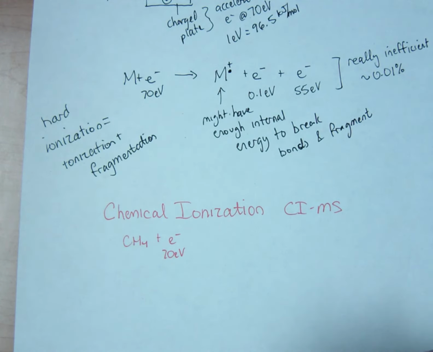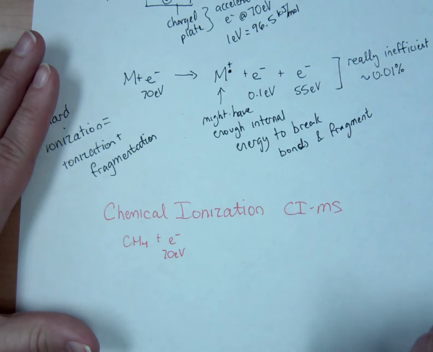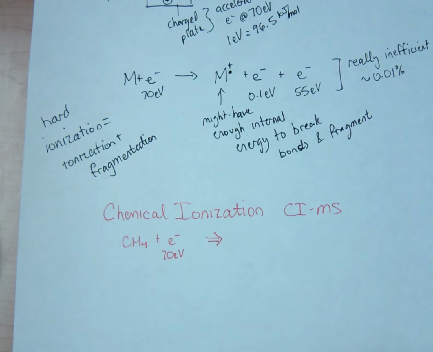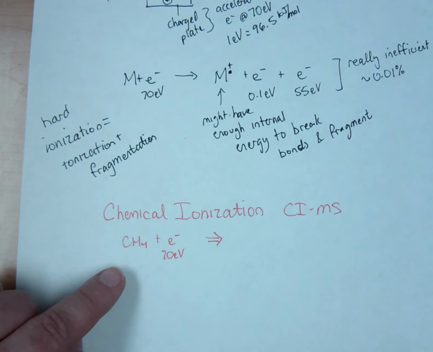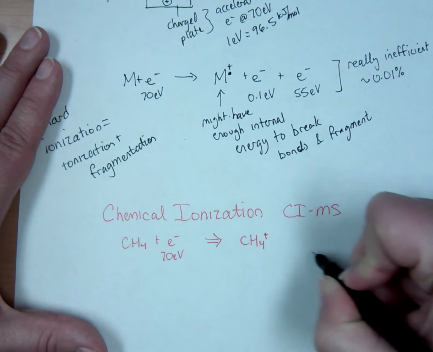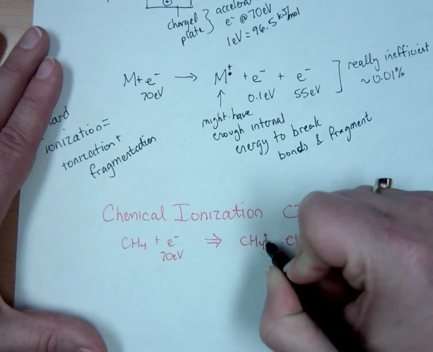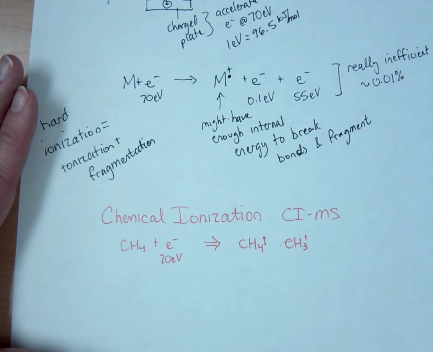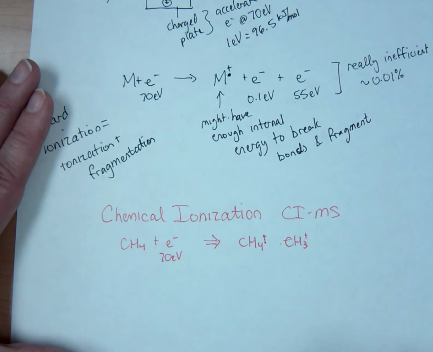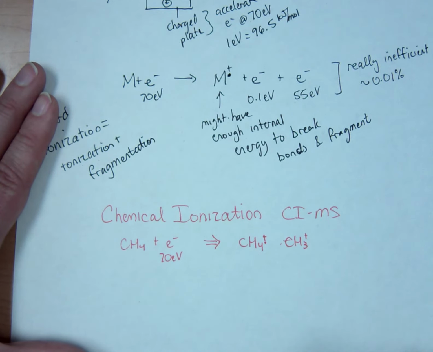And what happens with this? Well, the exact mechanisms aren't really clear, but what we do know is that this is going to undergo a series of energetic reactions where we don't have a free electron just to pull off our ions, so we're going to end up pulling electrons off, and we might get CH4+, we might get CH3+, that might have a radical, and what happens there is we get further reactions that involve proton transfer or hydride transfer, and we're ultimately going to generate an M+H ion.